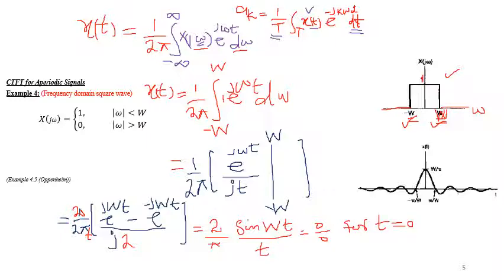So we can take the L'Hopital rule. Using the L'Hopital rule, I write something like 2 by pi, and the derivative of sine will be cos, and the derivative of this will be omega. When I put 0, cos of 0 equals 1, and the derivative of the denominator results in 1, so we get 2 omega by pi.